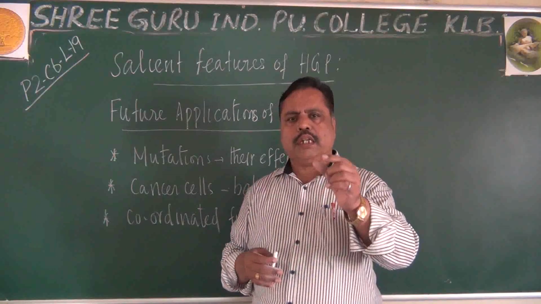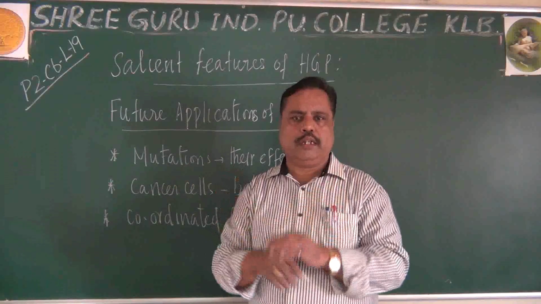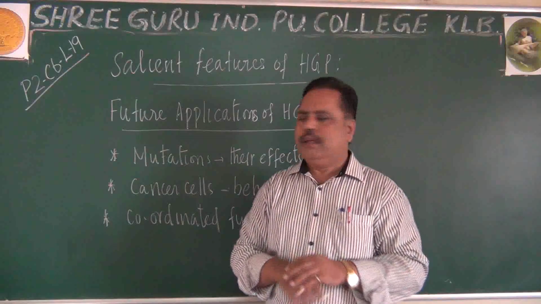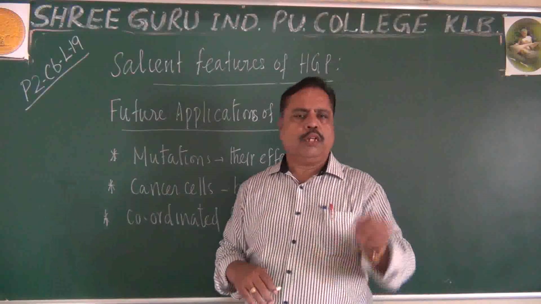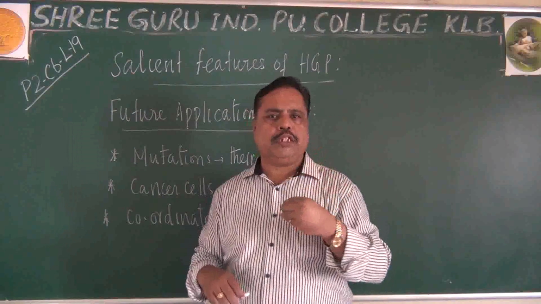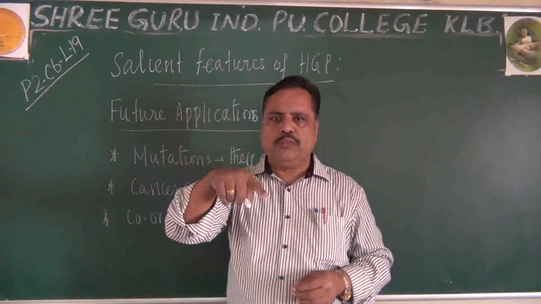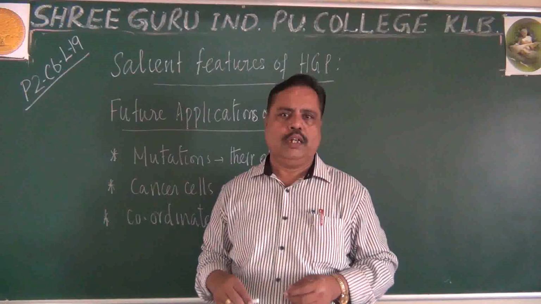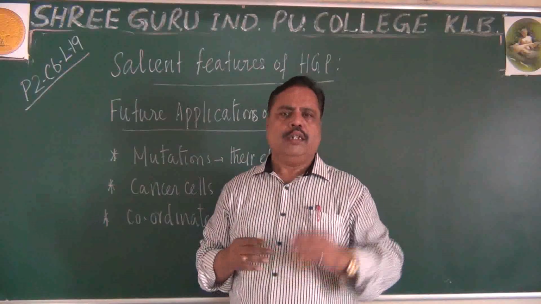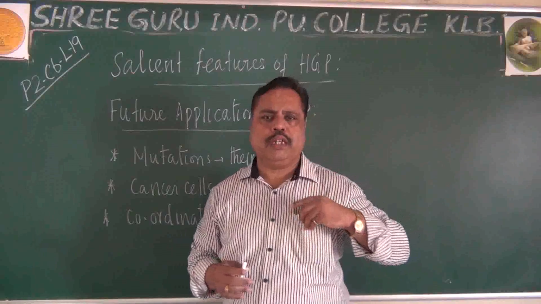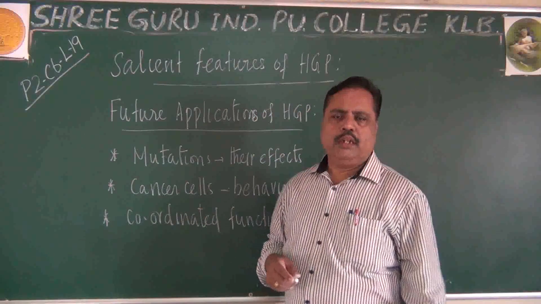All these physiological functions are coordinated, interconnected with each other. If you digest the food and get glucose, but without respiration, you will not get oxygen. That oxygen will be used for oxidizing the glucose. So respiration and digestion are interconnected. This kind of interconnecting behavior is called coordinated activity.